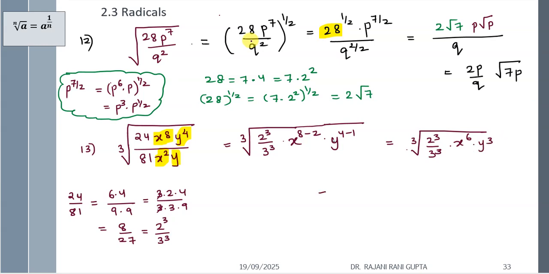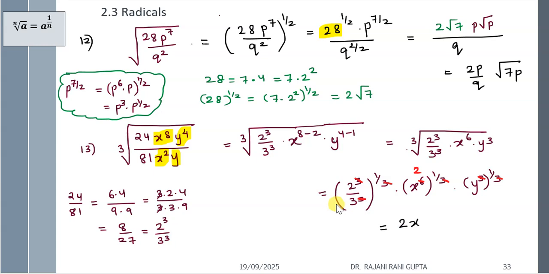Now take the cube root. So it is 2 power 3, 3 power 3, whole to the power 1 by 3, x power 6, 1 over 3, y power 3, 1 over 3. Simplifying this, the 3 cancels, this cancels, and this cancels. So your final answer will be 2 x squared y over 3. Okay, so this is how you are going to work.